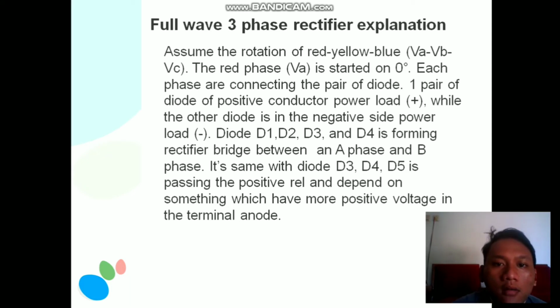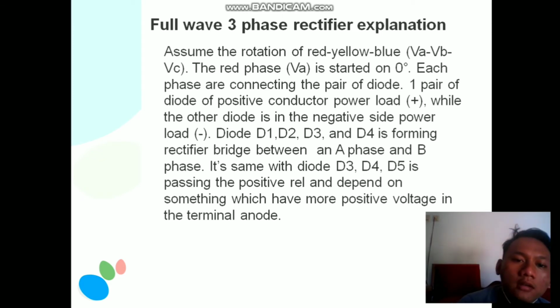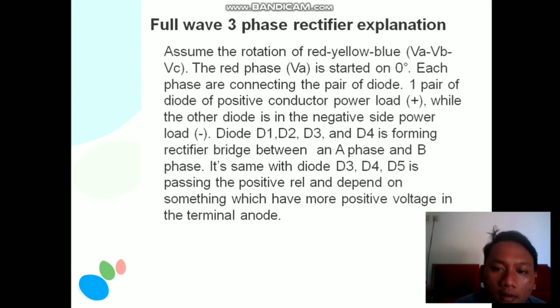Each phase is connected to a pair of diodes: one diode of the pair conducts power to the positive side of the load, while the other diode is on the negative side of the load. Diodes D1, D2, D3, and D4 form a rectifier bridge between the phases, and the same with diodes D3, D4, and D5. It passes the positive rail depending on which terminal has the more positive voltage at the anode.